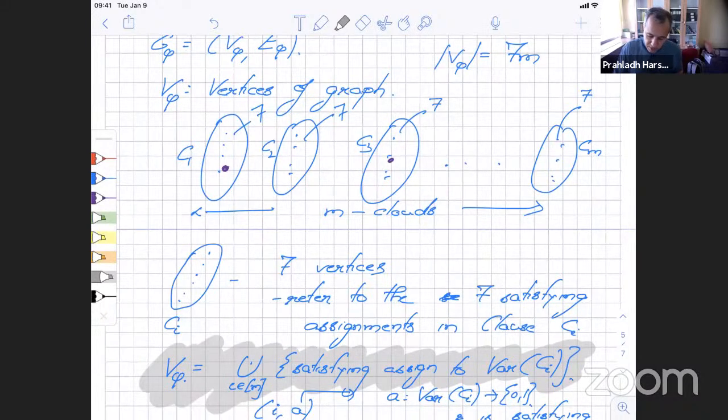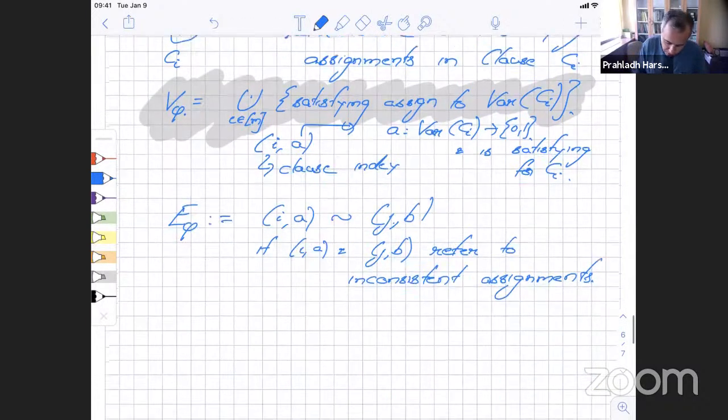You will have a clique over here. Within each cloud, it will be a clique. Across clouds, if they are talking about the same variable and they are inconsistent, there will be an edge. Otherwise, there won't be an edge. Just an observation: by clique, you mean that every vertex is connected with the other?